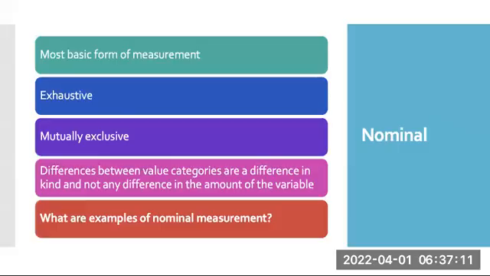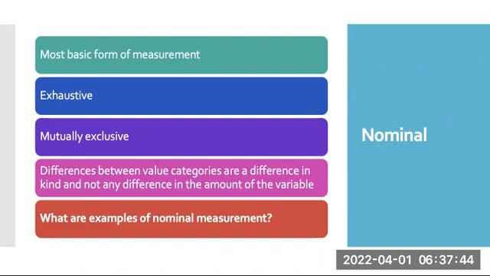So levels of measurement. First, nominal. This type of measurement is the most basic form of measurement. The categories are mutually exclusive value categories of a variable. For example, this could be race, gender, sexual orientation, marital status.